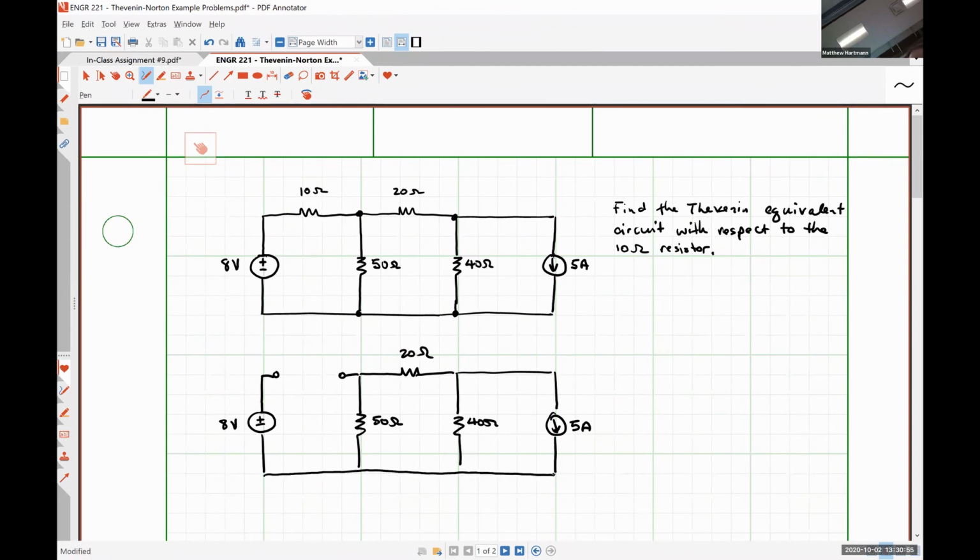And our ultimate goal, at least for this step, is to determine the Thevenin or open circuit voltage across the terminals where we removed our element of interest, okay? I'm arbitrarily choosing the left polarity terminal, the positive polarity terminal on the left.